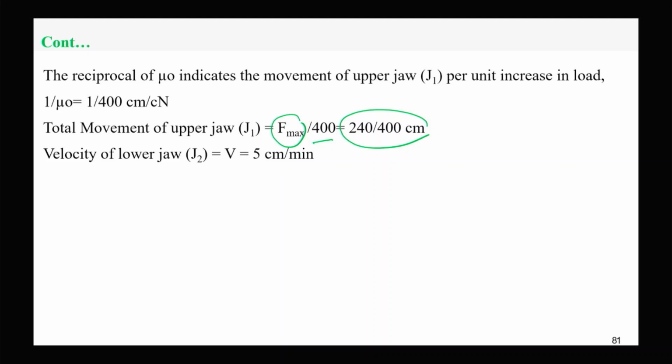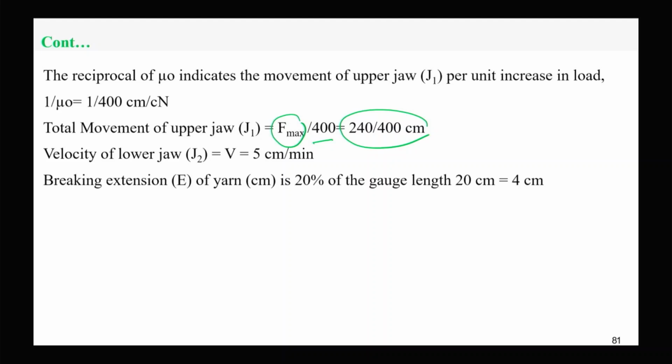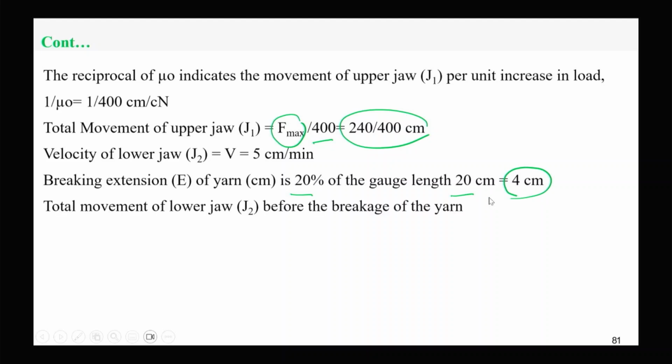The velocity of the lower jaw is given as 5 centimeter per minute, and the breaking extension is 20% of the gauge length of 20 centimeter. So the breaking extension is 4 centimeter. So we can calculate the total movement of the lower jaw, which will be the movement of the upper jaw plus the extension of the material.